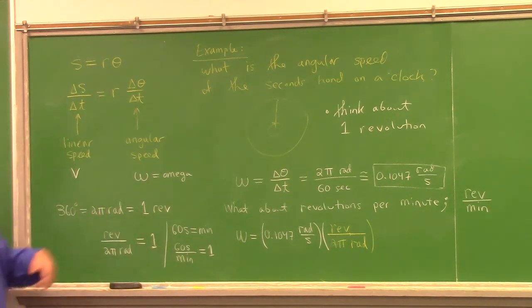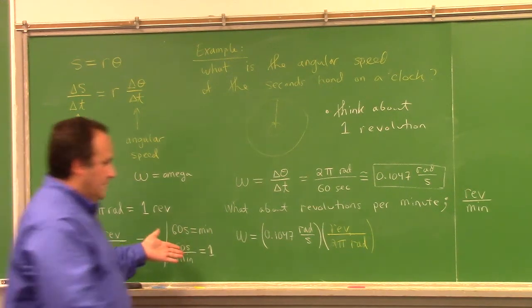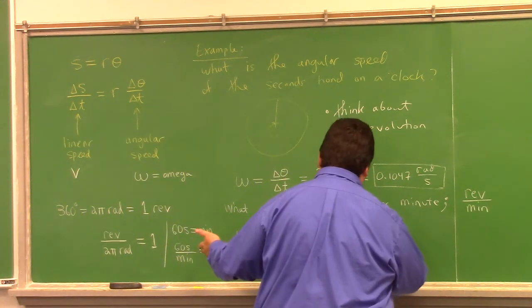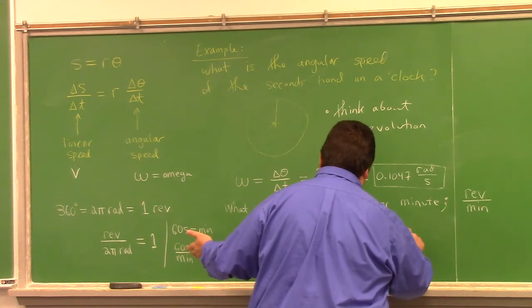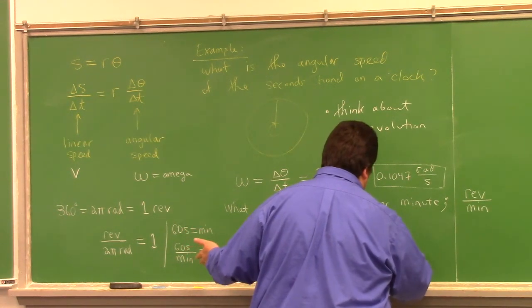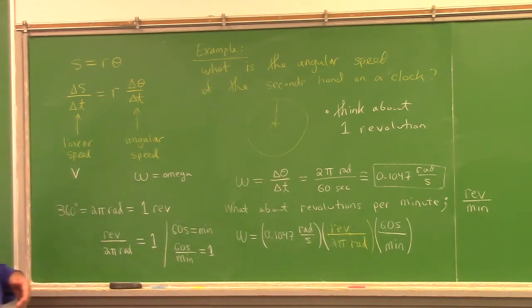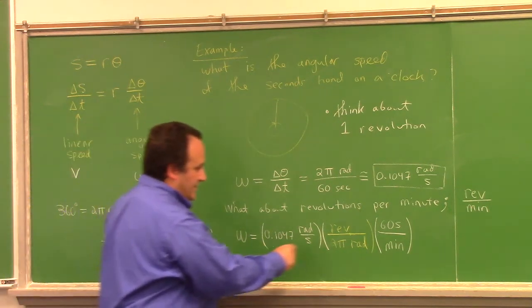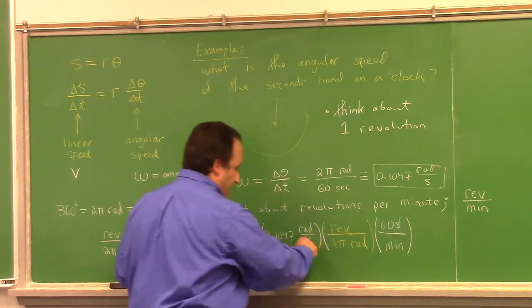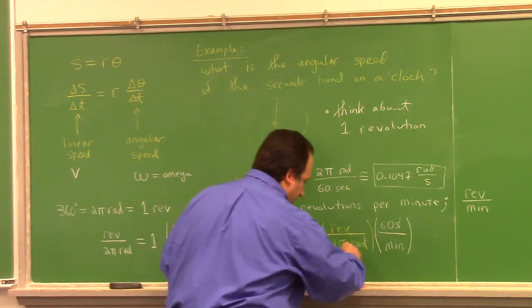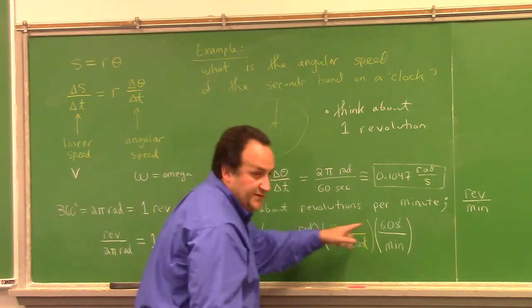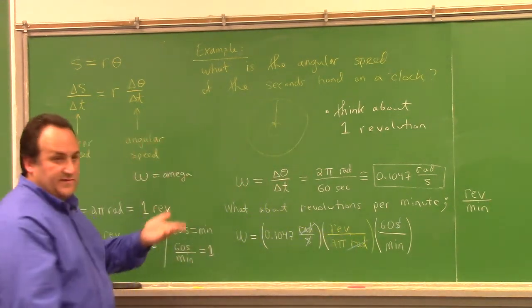But 60 seconds over 1 minute, that's 1, right? So I can multiply by that factor. Now I should see that seconds cancel, radians cancel, and I'm left with revolutions per minute and whatever number that is, right?